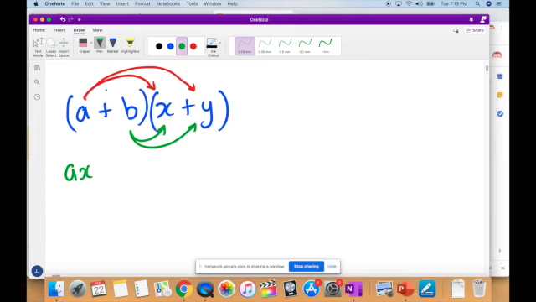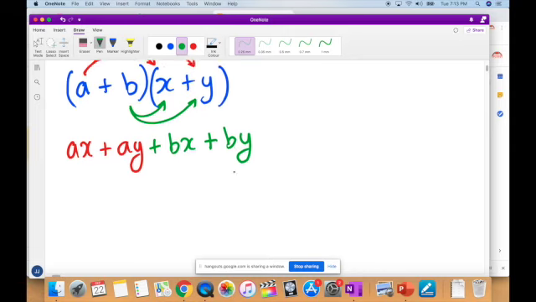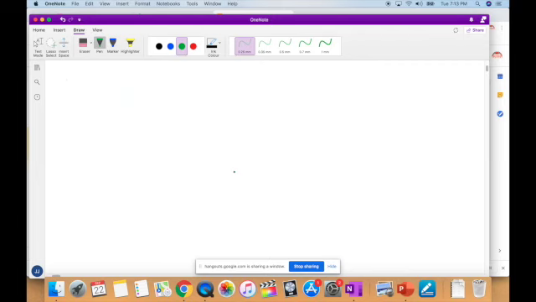And let me write it in red because I'm dealing with A. AX, and then A times X is AX, A times Y is AY, and then B times X is BX, and B times Y is BY. Understand this, Caitlin? Yep. Alright. If all you understand it, then tell me what this is going to be.